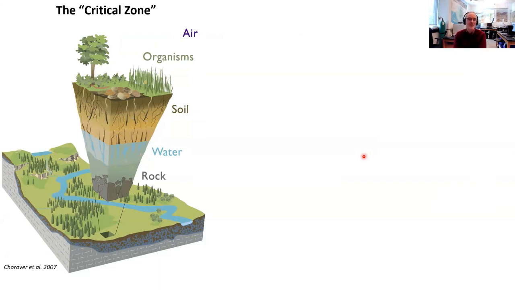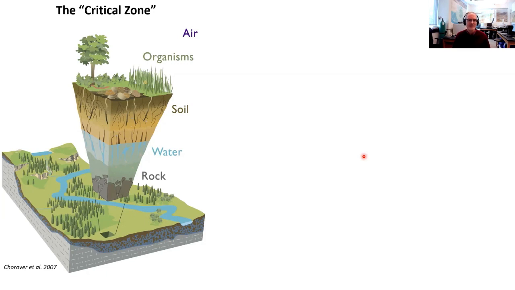And it's also, of course, the part of the planet that we inhabit, so it's critical for us as well. This is a really good model, and it's spawned an entirely new interdisciplinary line of thinking, which has been quite productive.